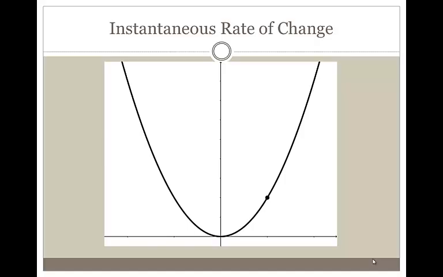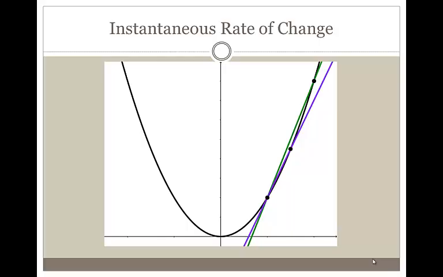Let's consider our last example, paying more attention to our graph. We are trying to approximate the derivative at x equals 1, or in other words, at the point 1, 1. To do this, we had to pick a second point near our first point and calculate the slope of the line between the 2 points. To make our approximation better, we chose a different second point, even closer to the first one, and calculated the slope of the line between those 2 points.